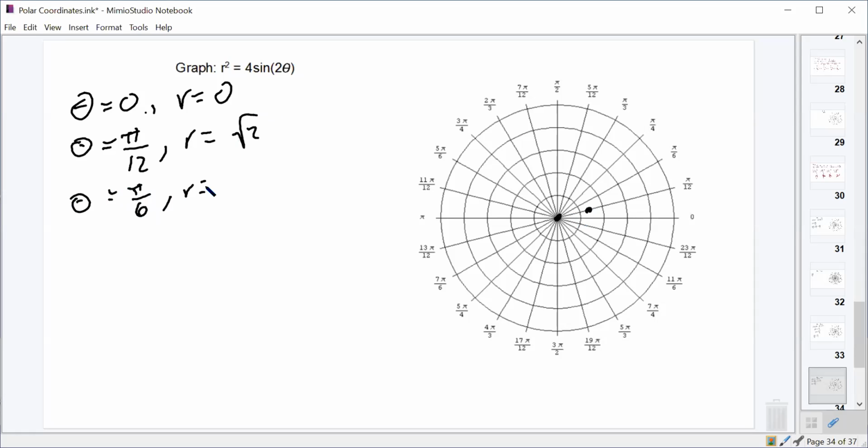What if we put in pi over 6? What's r going to equal? It's going to get a little bit messier now. It's going to be like the square root of 2 root 3 or something like that. Right? Sine of 2 pi over 6 is sine of pi over 3. Sine of pi over 3 is root 3 over 2. 4 root 3 over 2 is 2 root 3, and we have to square root it.